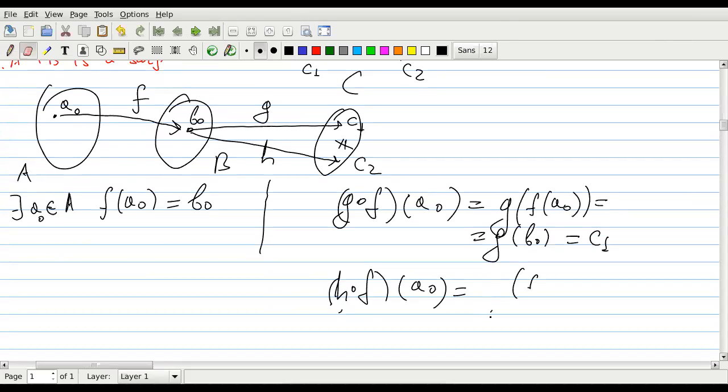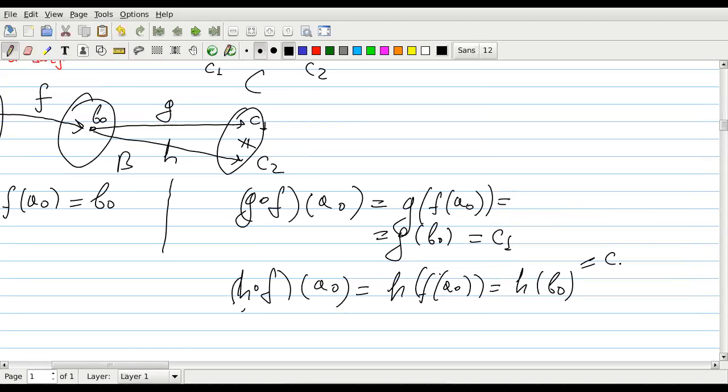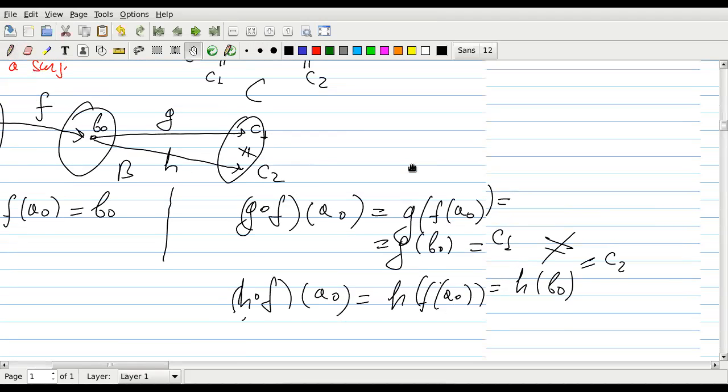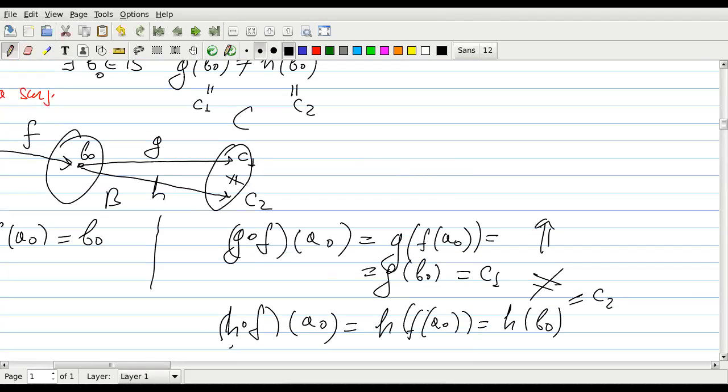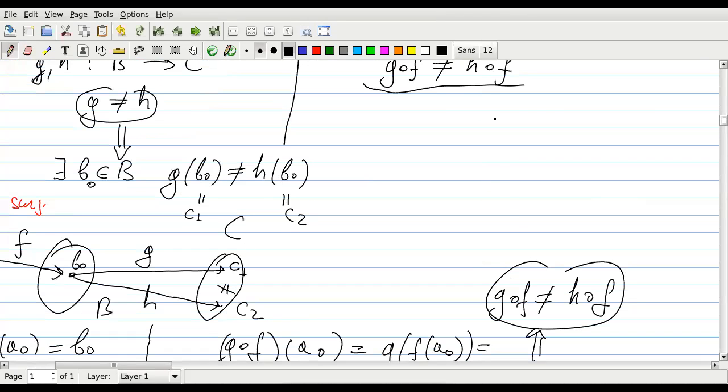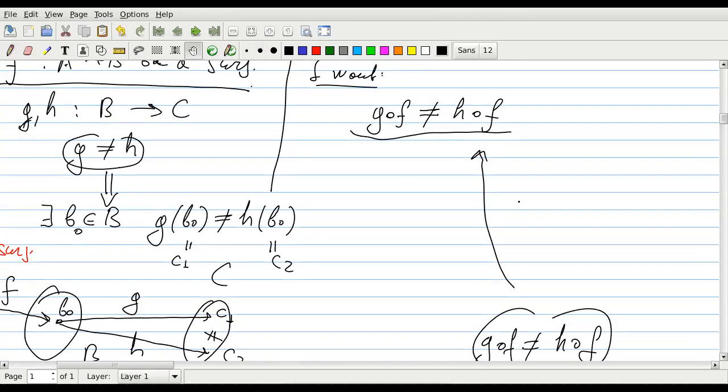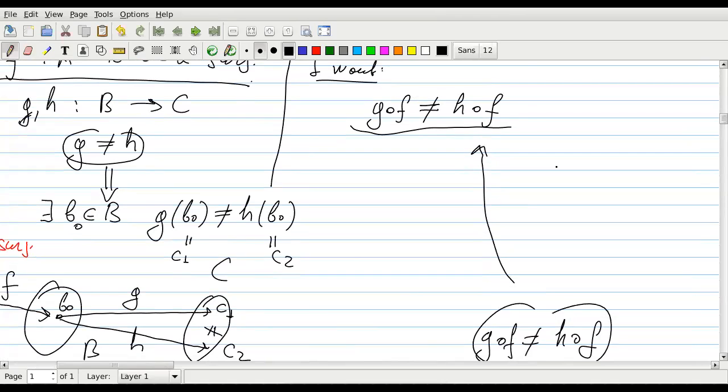C2. Of course. It is H of B0, that is C2, and these two points are distinct. What does it mean? That our compositions are not equal to each other. The thing which was required. Is it clear? Yes.